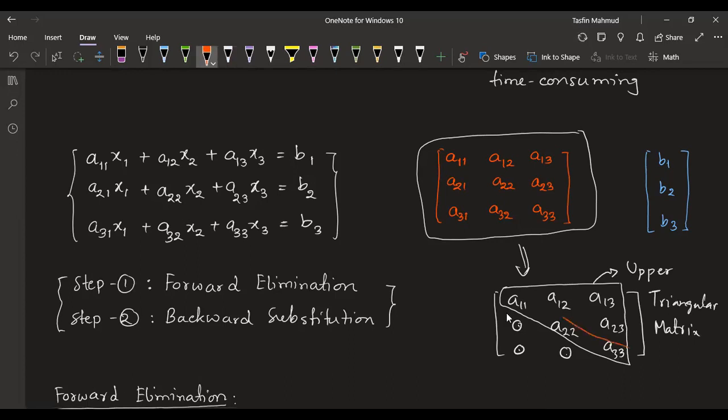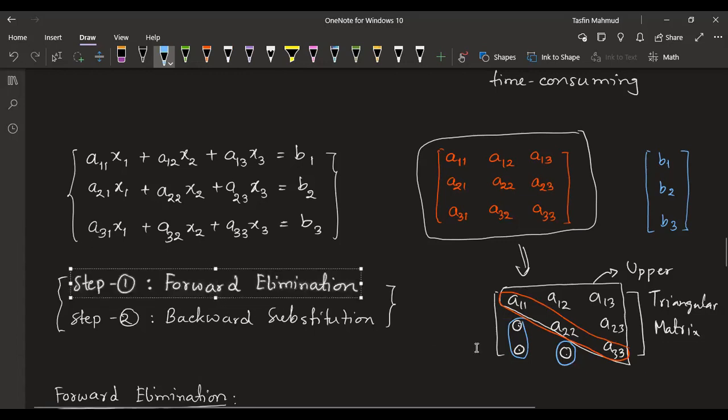This is our diagonal. Here we have two zeros, here we have one zero. All the elements below the diagonal are zero. That's why this matrix is called upper triangular matrix. And by performing forward elimination, we wish to make this type of matrix.